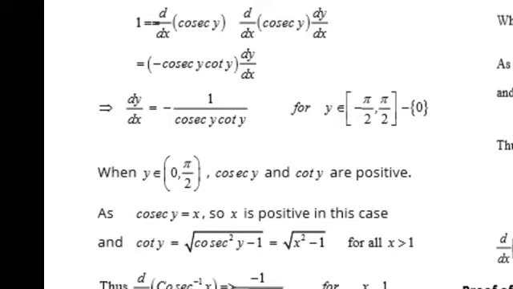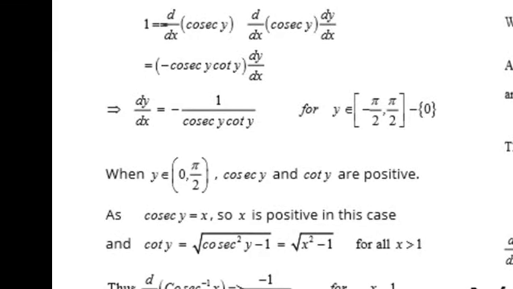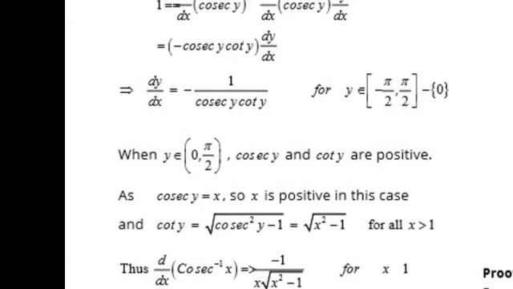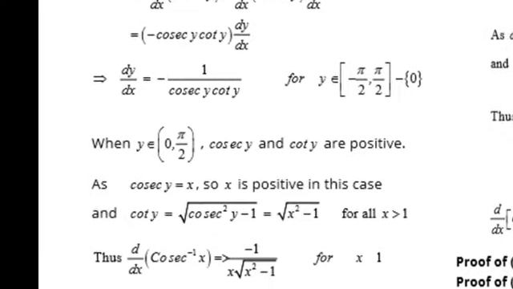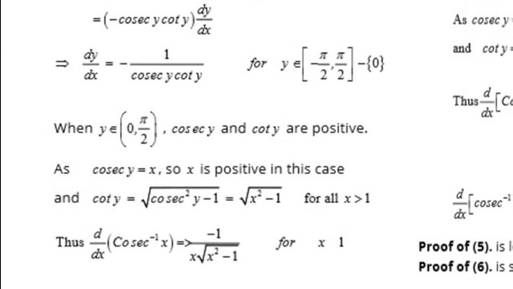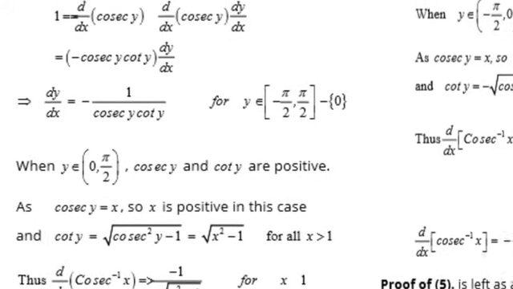We have the formula cot square is equal to cosecant square minus 1. We put these values, and cosecant y is equal to x, so the answer is minus 1 over x times the square root of x square minus 1.